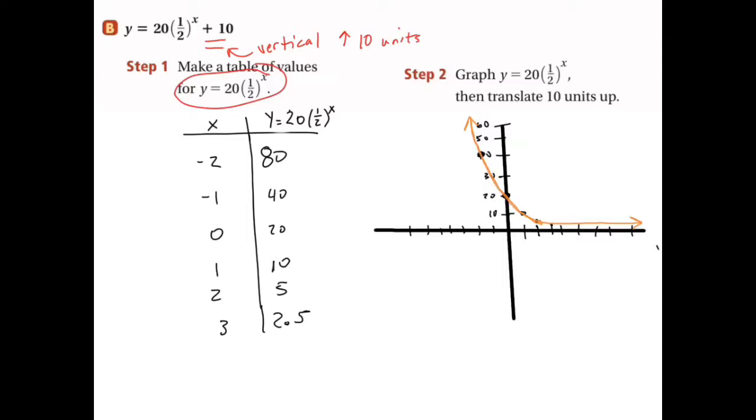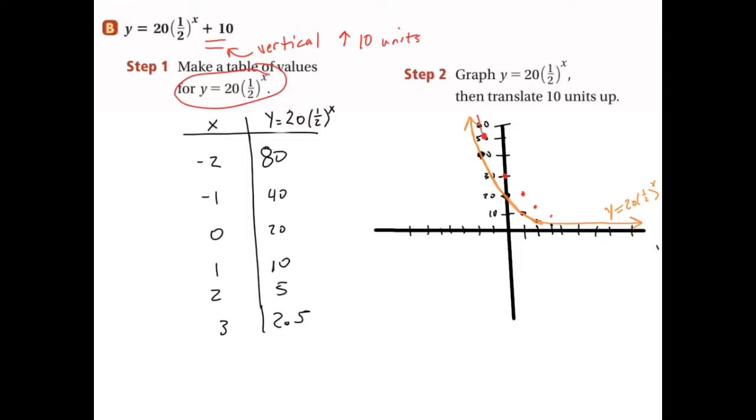Then we want to make sure that for our transformation, we're shifting it up 10. So if this is y equals 20 times 1/2 to the x power, and we shift all of these points up 10, this goes up here, this goes up here, this goes up, there we go, and then here.